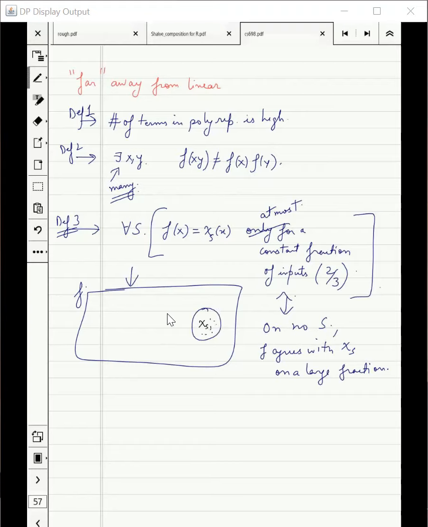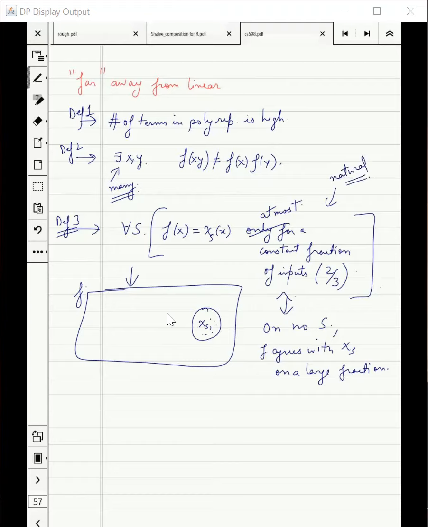I agree there are different ways in which you can define what it means to be far away from here. We are going to take definition 3 and show that it is equivalent to definition 2. But let's consider 3. I'm sure it is one of the natural ways to define far away.